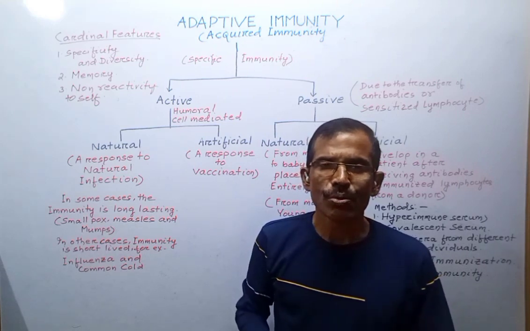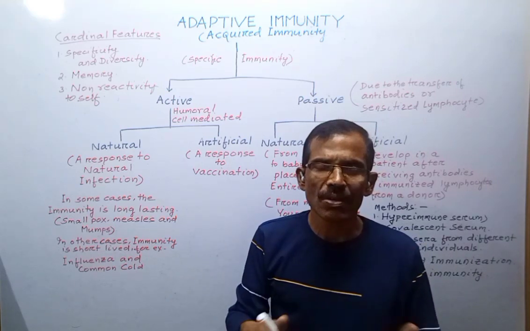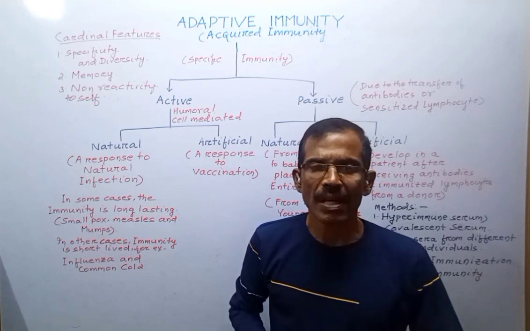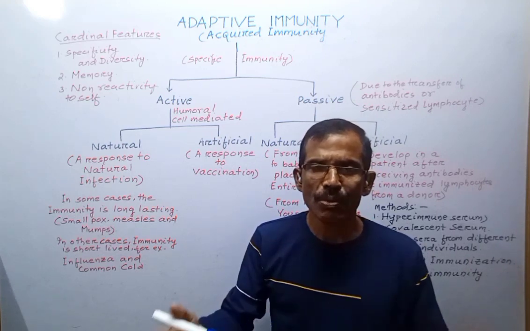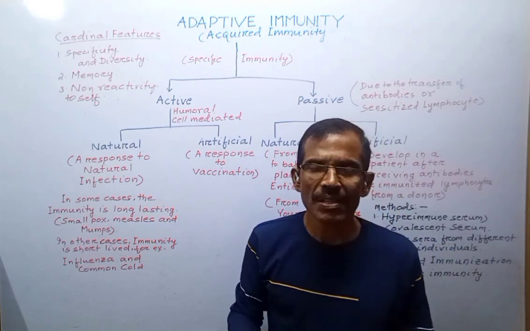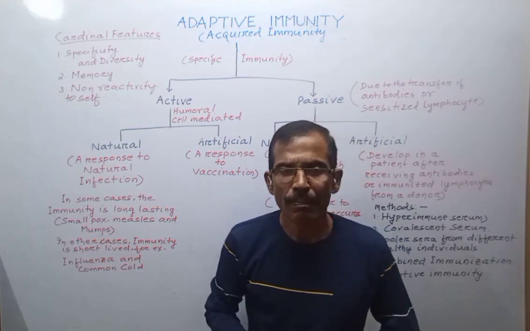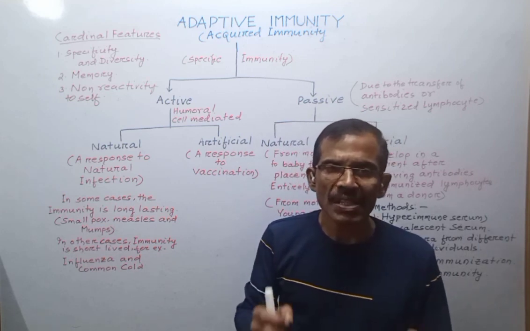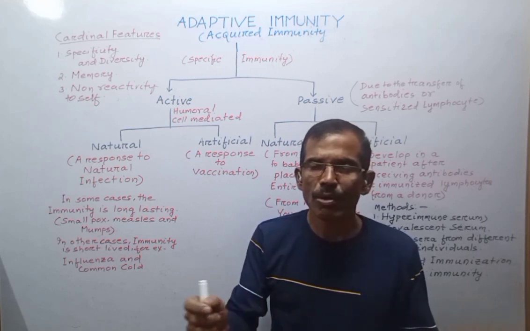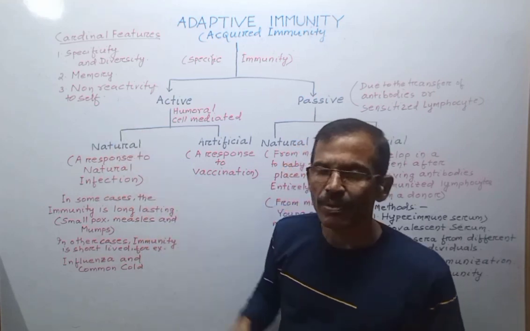The immune response which develops as a result of first exposure to a foreign antigen is called primary immune response, whereas the response that develops due to second and subsequent exposure is called secondary immune response, which is usually more vigorous. This is due to immunologic memory, which occurs because each exposure to a foreign antigen generates long-lived memory cells.